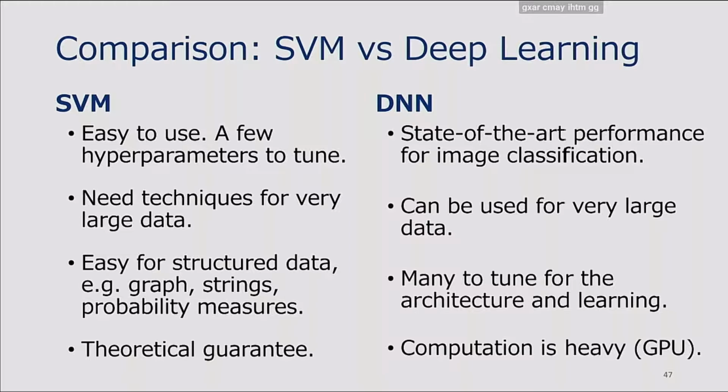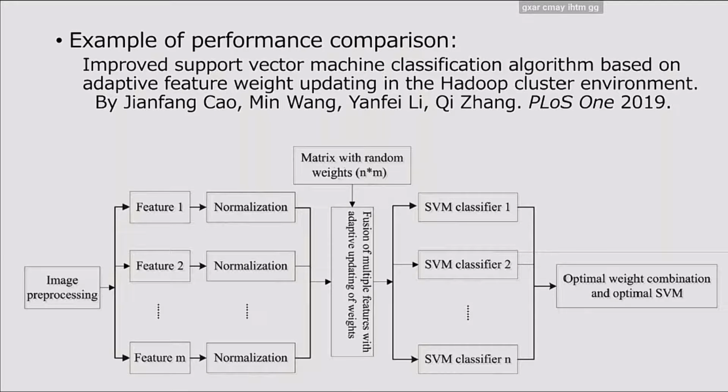And some people try to show the good performance of support vector machine in comparison with deep learning. I show an example. This is taken from a very recent work that appeared in PLOS ONE this year. They develop a modular structure of support vector machines, using many support vector machines by extracting many linear combinations of features.